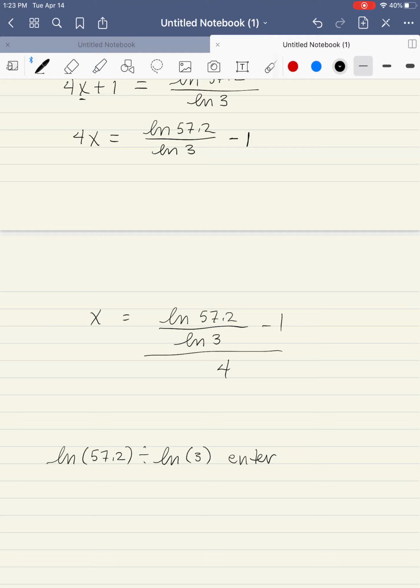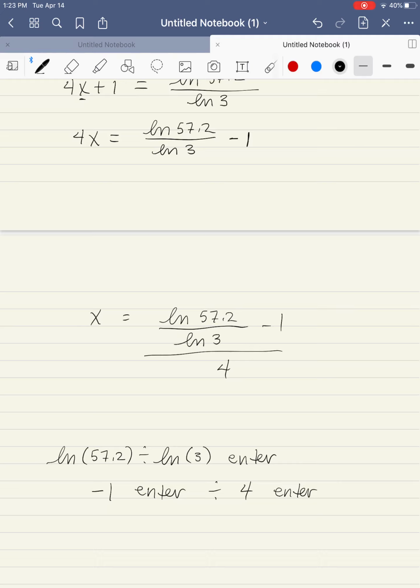And then I'm going to hit enter to get it to go ahead and do that division, get that number. Then I'm going to subtract the 1, and hit enter. And then finally, I will divide by 4 and hit enter to get my answer.